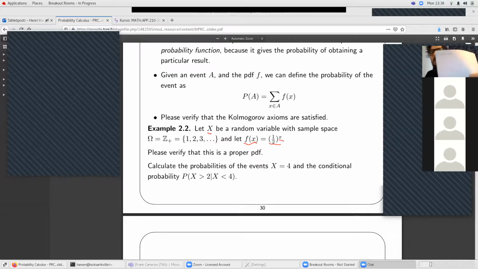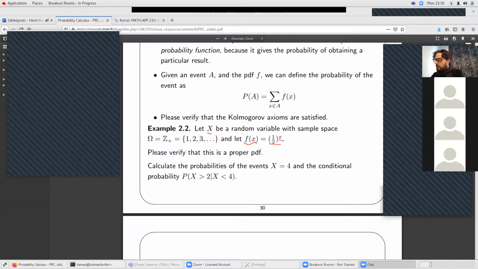What is the conditional probability? Well, the conditional probability is simply the probability of X greater than 2 intersection X smaller than 4, divided by the probability of X smaller than 4. That's the conditional probability.